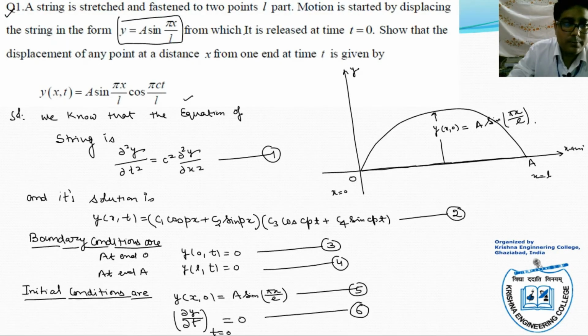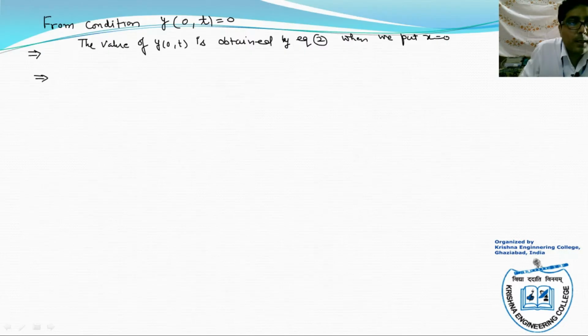So we get equation second is C1 cos px plus C2 sin px into C3 cos cpt plus C4 sin cpt. So replace the value x is equal to 0. So we get y 0 comma t.